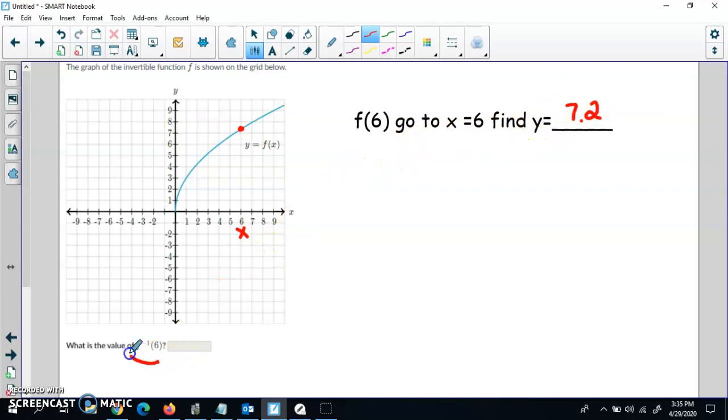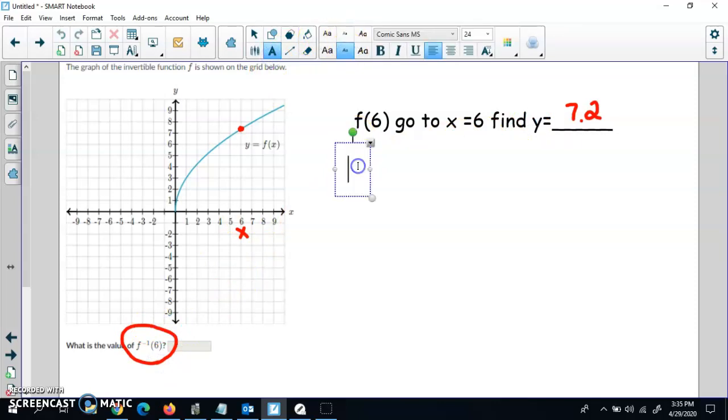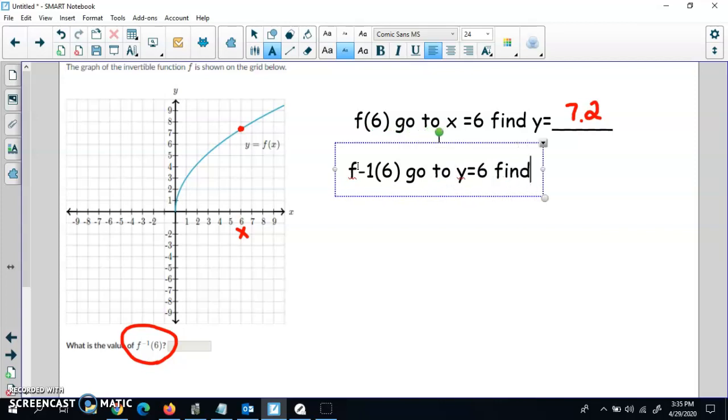But we're doing the inverse. So now we're going to do the opposite of what we've learned. We're just going to switch the script. So f inverse of 6, we go to y equals 6, and we find what x is equal to.